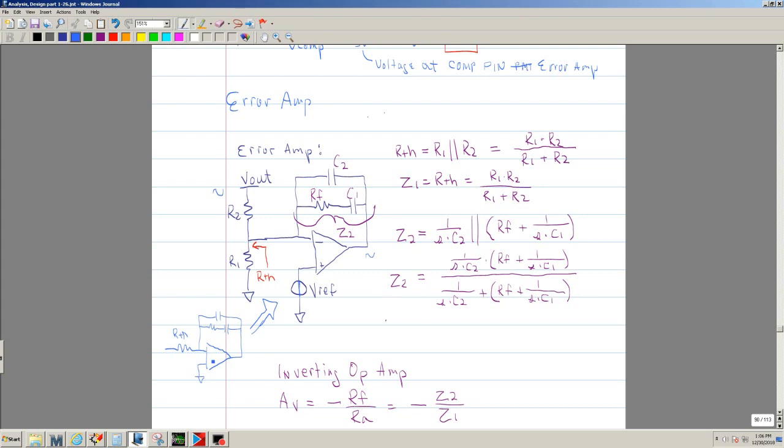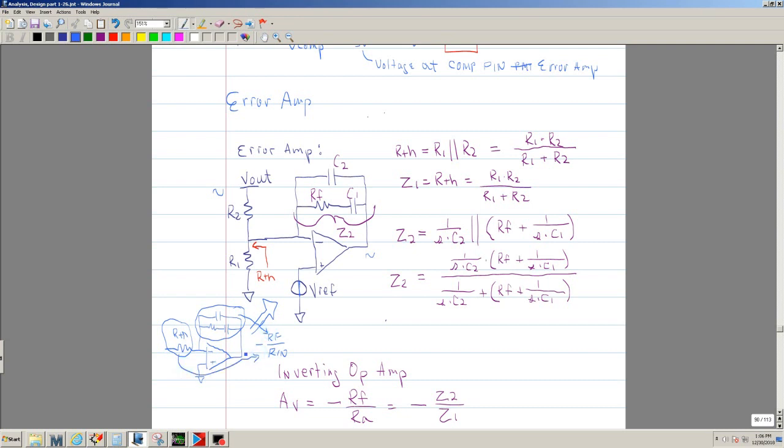Okay, and you should know already that the gain of an inverting amplifier is going to be your R feedback, whatever is in the feedback, divided by whatever is in the input, or in this case it's going to be RTH, or this basically. So this part is in the numerator, and this is in the denominator.